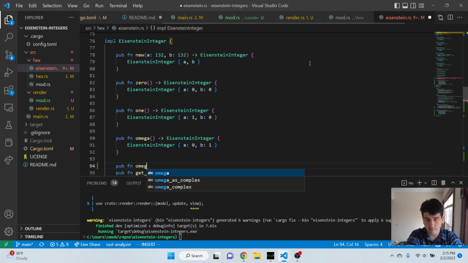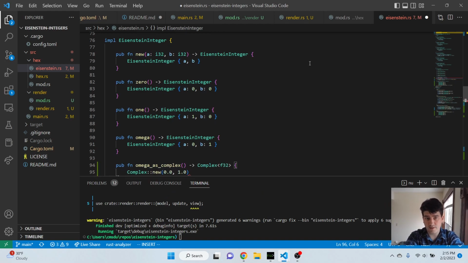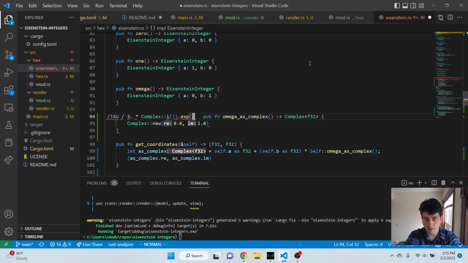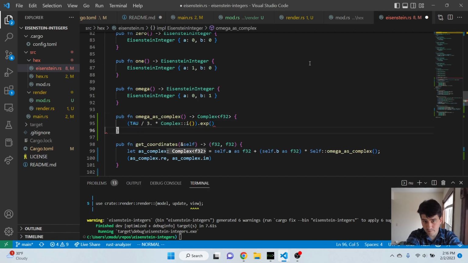A function omega as complex, complex F32, and it will be this. Okay, cargo test.